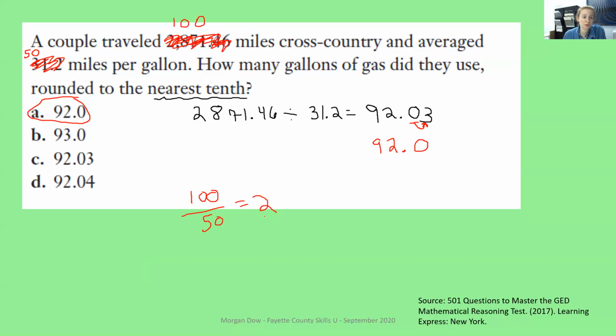So thinking it through that way with simpler numbers might help you realize you need to take your total miles divided by your gas mileage, and that will tell you the number of gallons that you need. And then once you've got your plan set up in your head, you can return to those original numbers with your plan to divide.